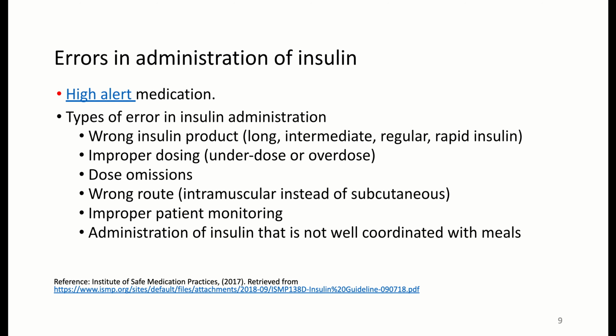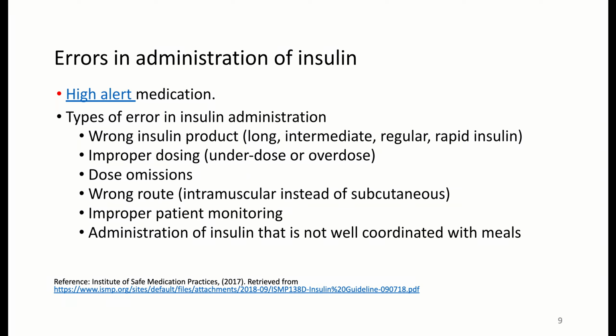According to a 2000 survey of pharmacists and nurses conducted by the Institute for Safe Medication Practices, intravenous insulin ranked first and subcutaneous insulin ranked ninth among nearly 40 drugs and drug classes identified as high alert medications.